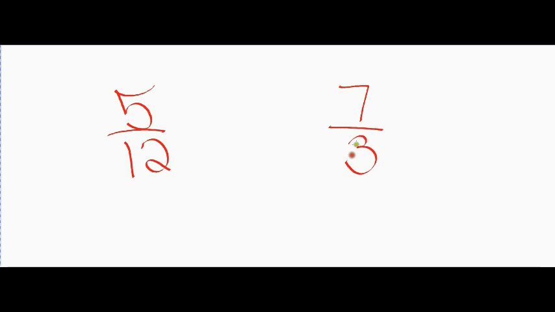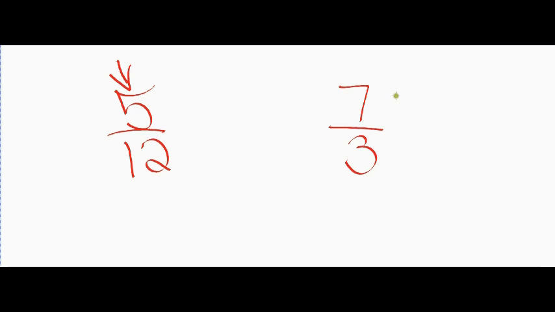Okay, so now let's talk about proper versus improper fractions. I'll do 5 over 12 versus 7 over 3. Now this 5 over 12 is a proper fraction because the numerator is smaller than the denominator. That's something that you can work with very easily. You can draw it very nicely, as I had on the other page, and everything fits very well.